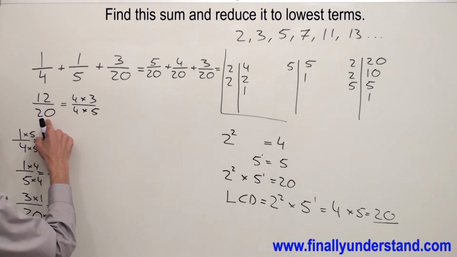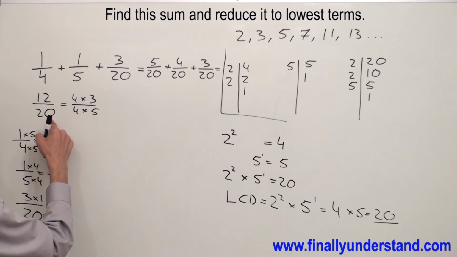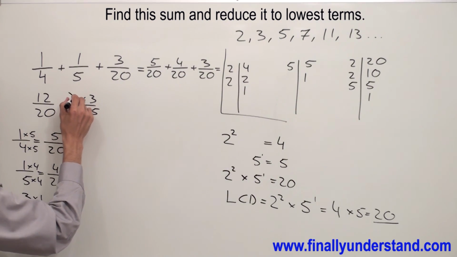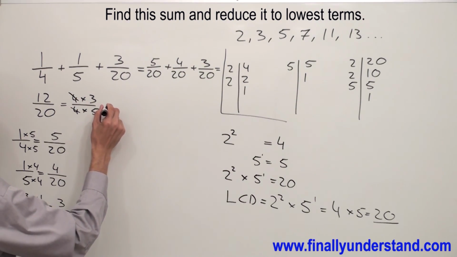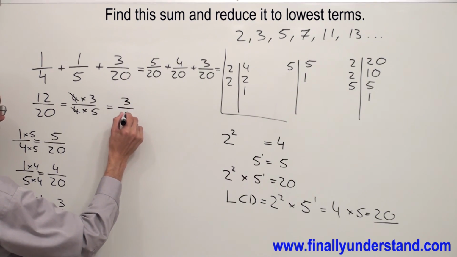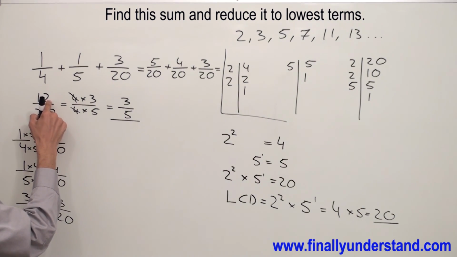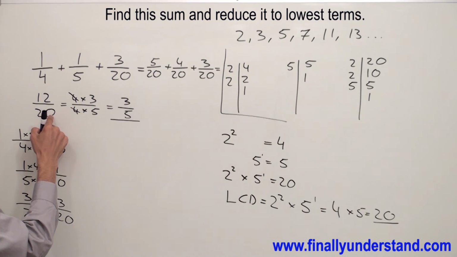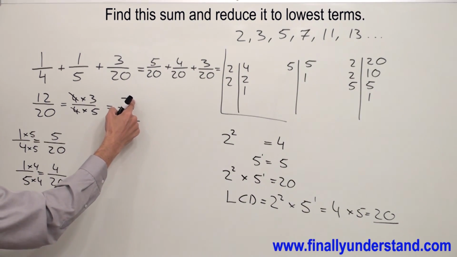So the common factor for 12 and 20 is 4. That's why I'm going to reduce these two 4's, and my answer is going to be 3 over 5. Some people say 12 is divisible by 4 and 20 is divisible by 4. It means exactly the same thing. Answer is going to be 3 over 5.